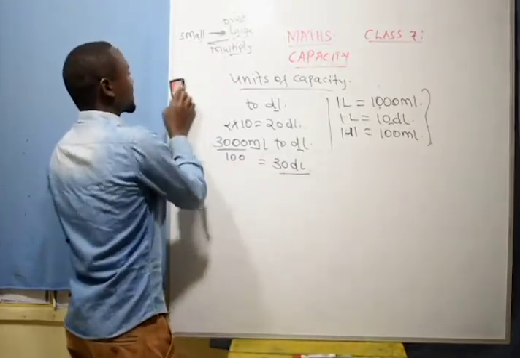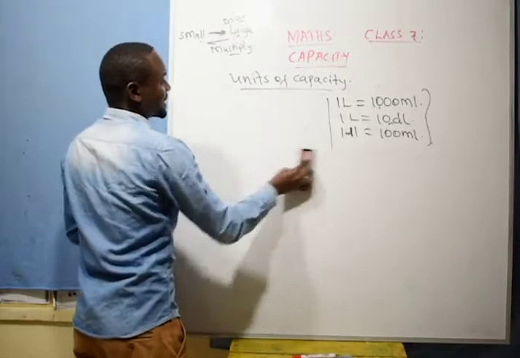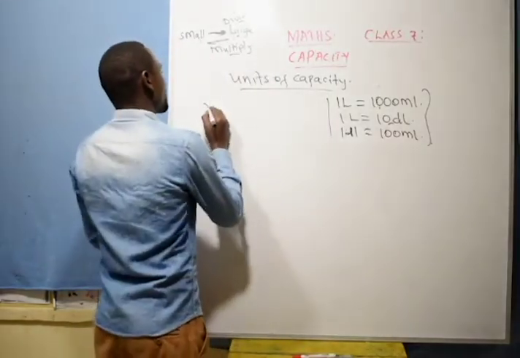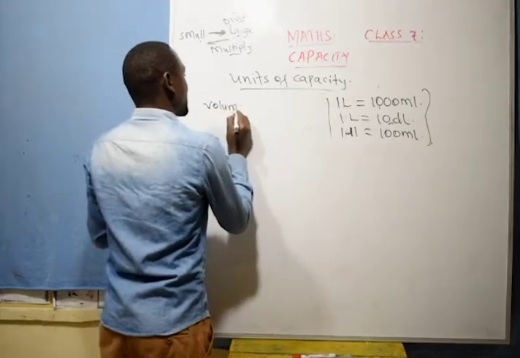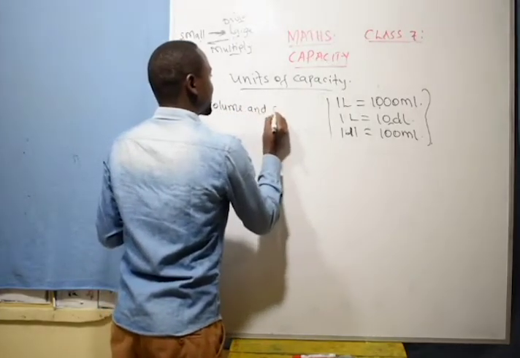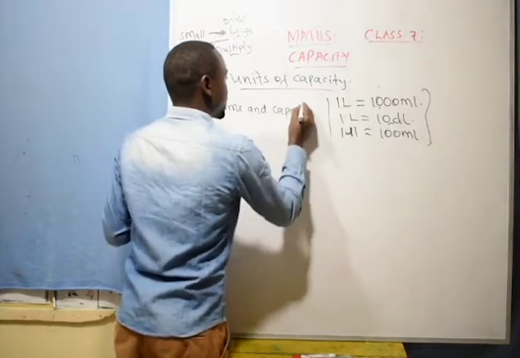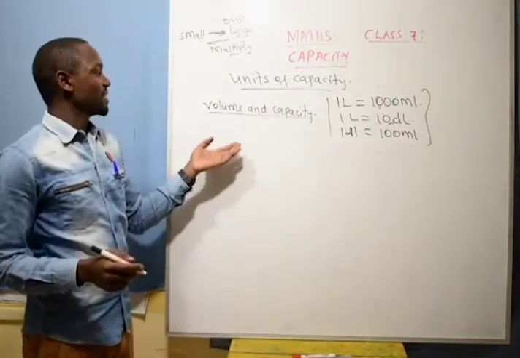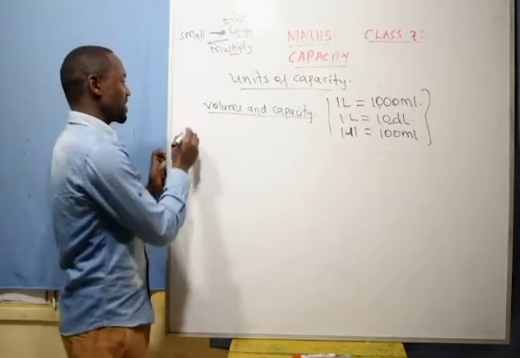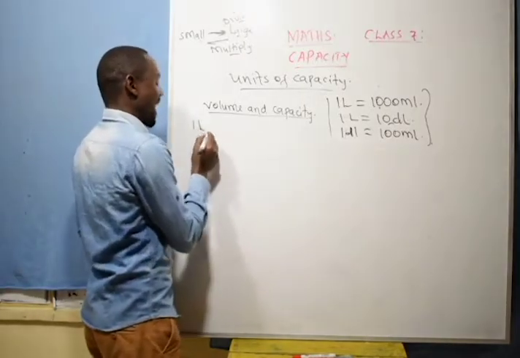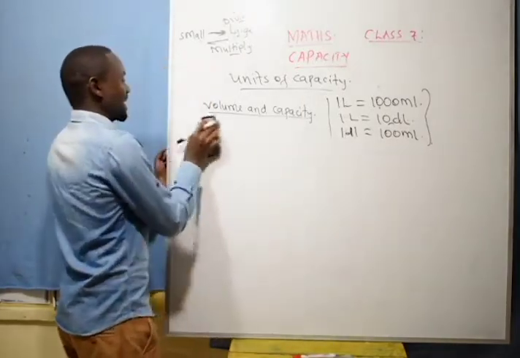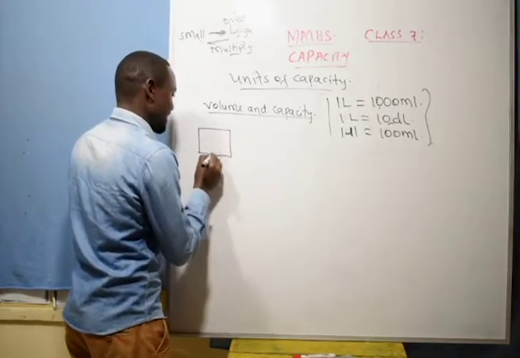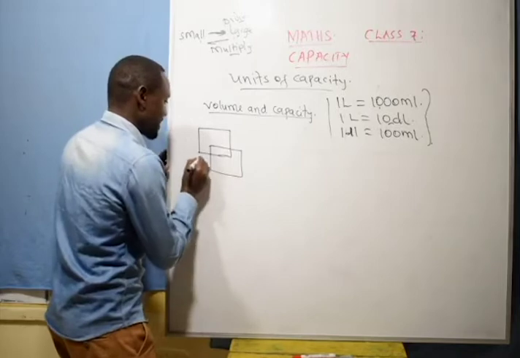Let's look at the relationship between the units of capacity and volume. We say 1 liter or a cubic container.